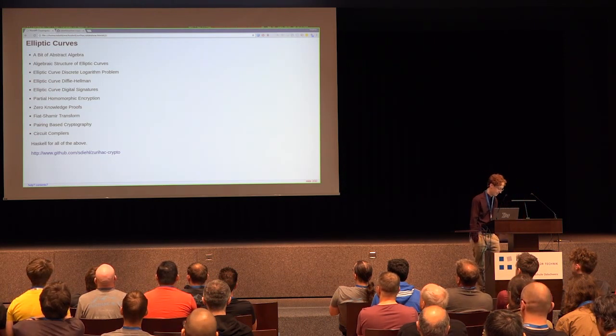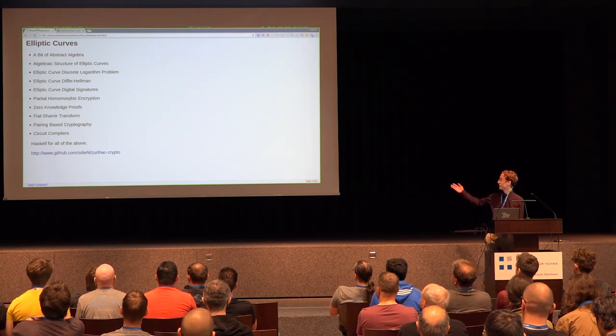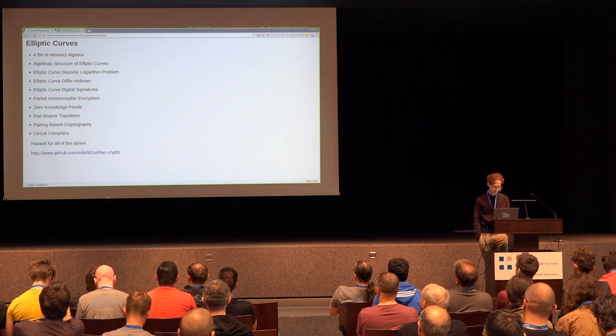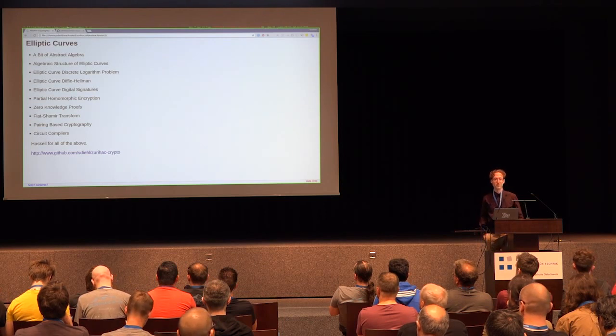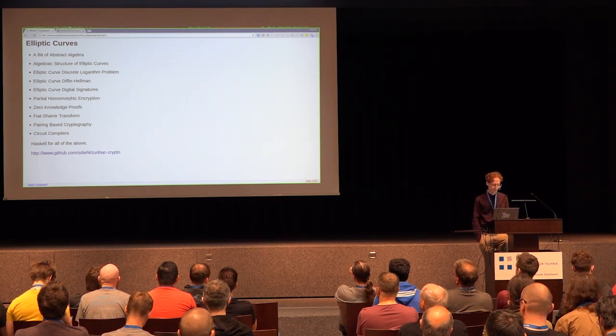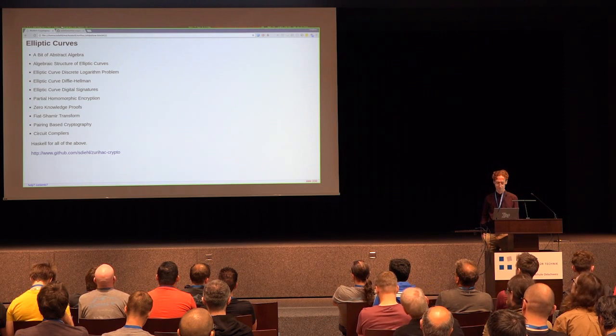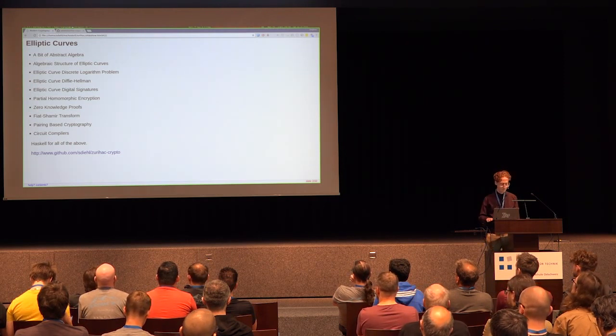Then we'll discuss the big construction, which is an implementation of a pairing cryptography library in Haskell, used for creating verifiable computation with circuit compilers. If you want to follow along, the Haskell code's all up there.